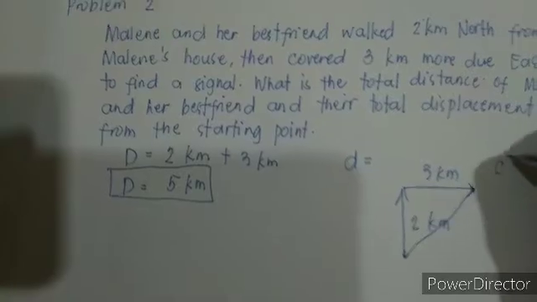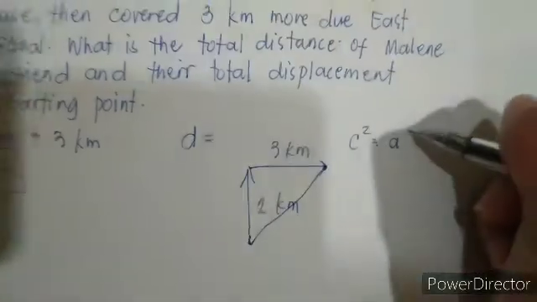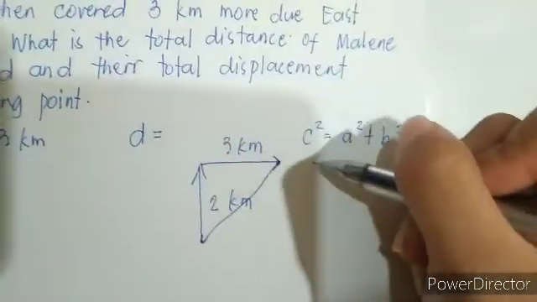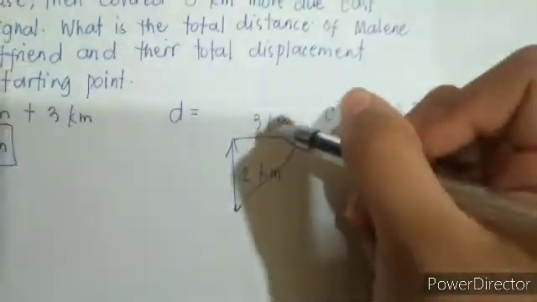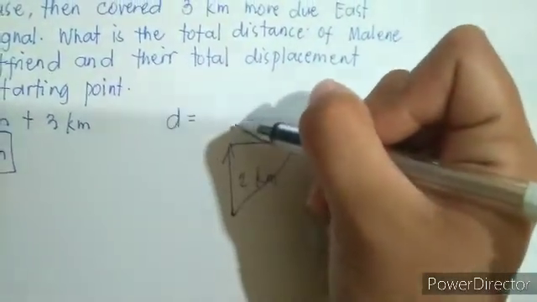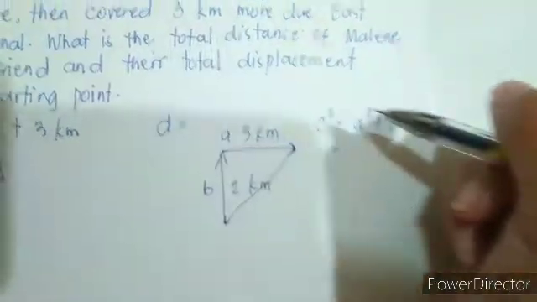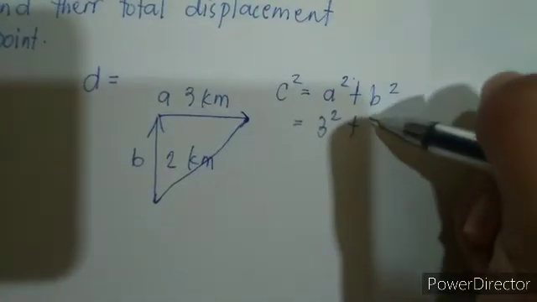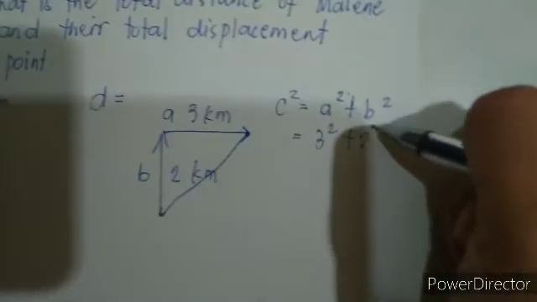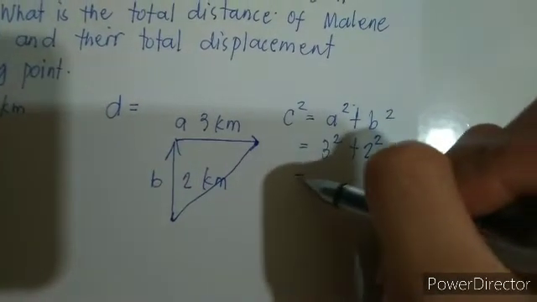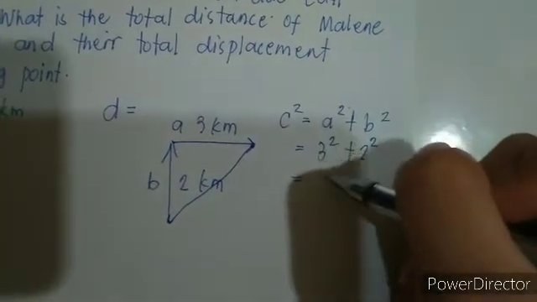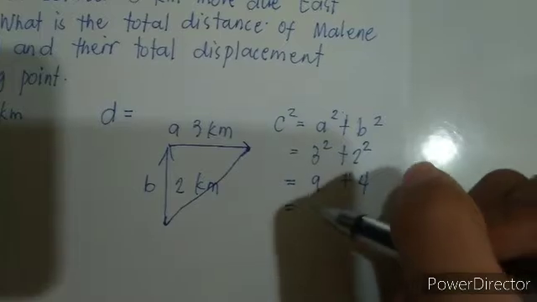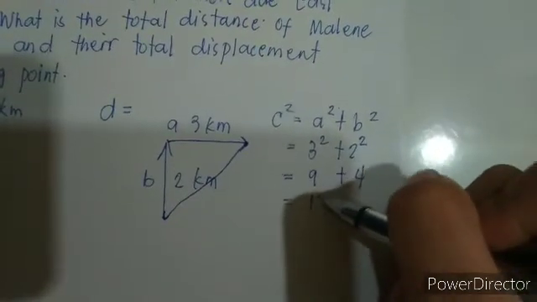So c squared is equal to a squared plus b squared. Let's have 3 kilometers as a and 2 as b. So 3 squared plus 2 squared. 3 times 3 is equal to 9 plus 2 times 2 is equal to 4. So we have here 9 plus 4 is equal to 13.